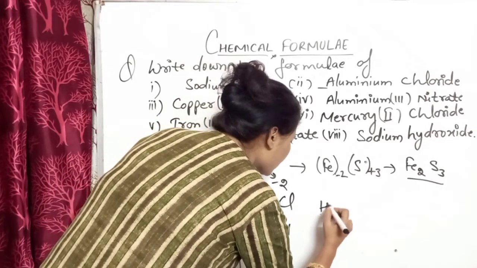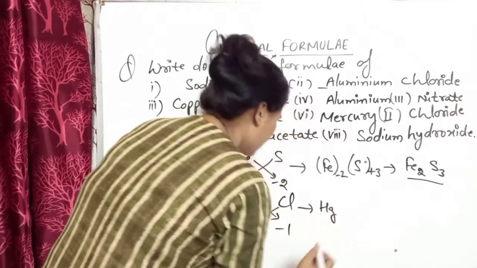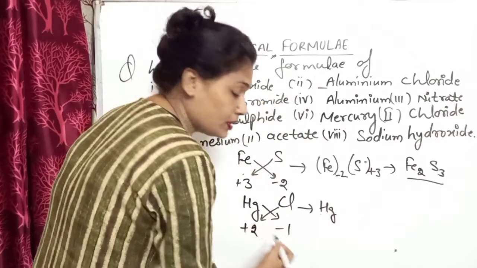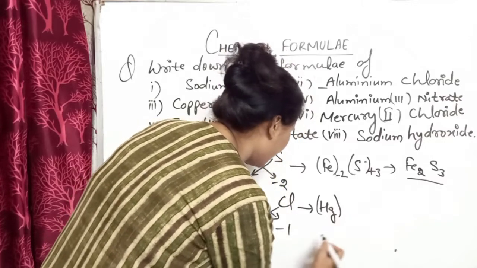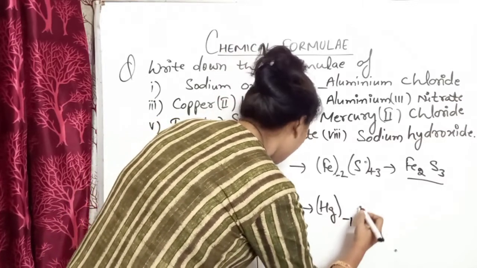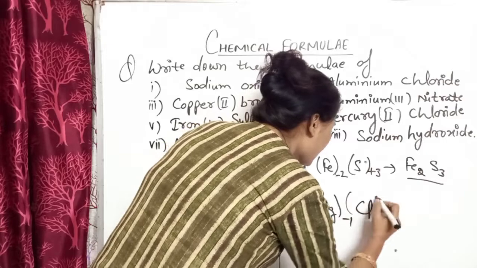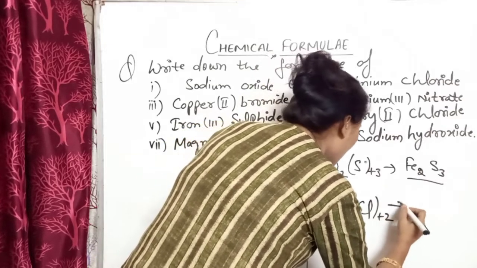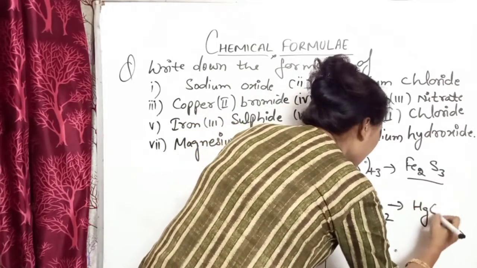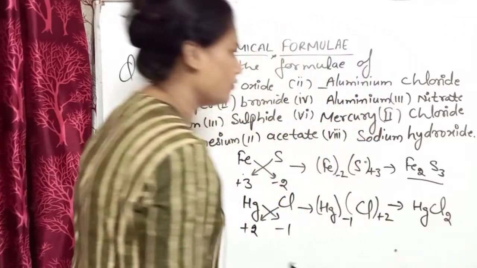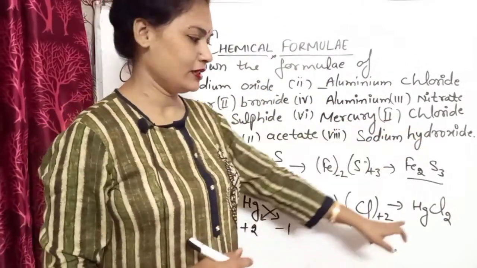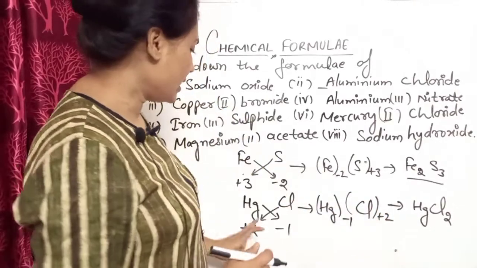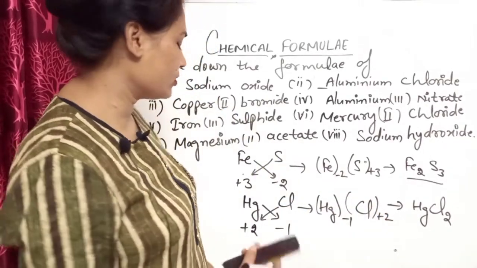You will write the symbols and put the valency as a subscript, so -1 goes with Hg and +2 goes with Cl. Our formula becomes HgCl2. It is the formula for mercury(II) chloride. So this formula you should complete.